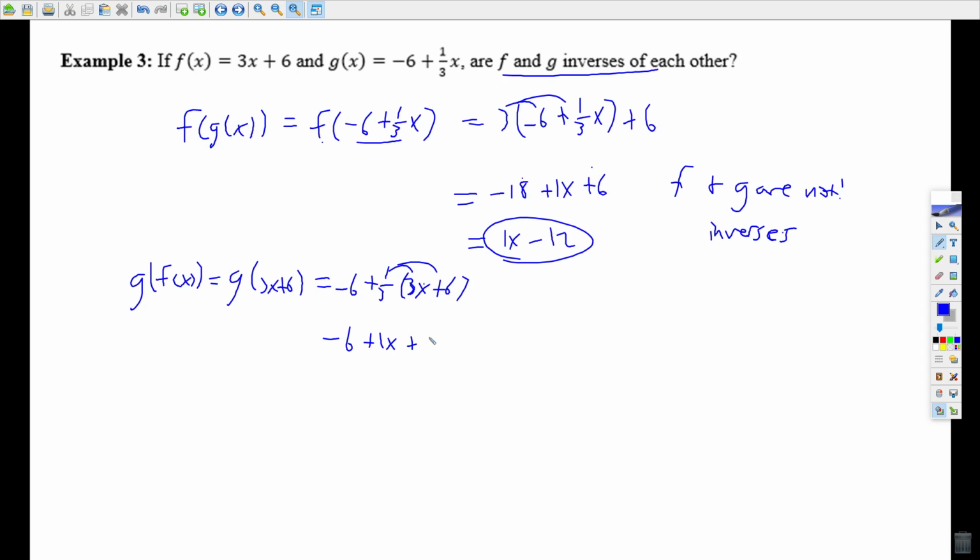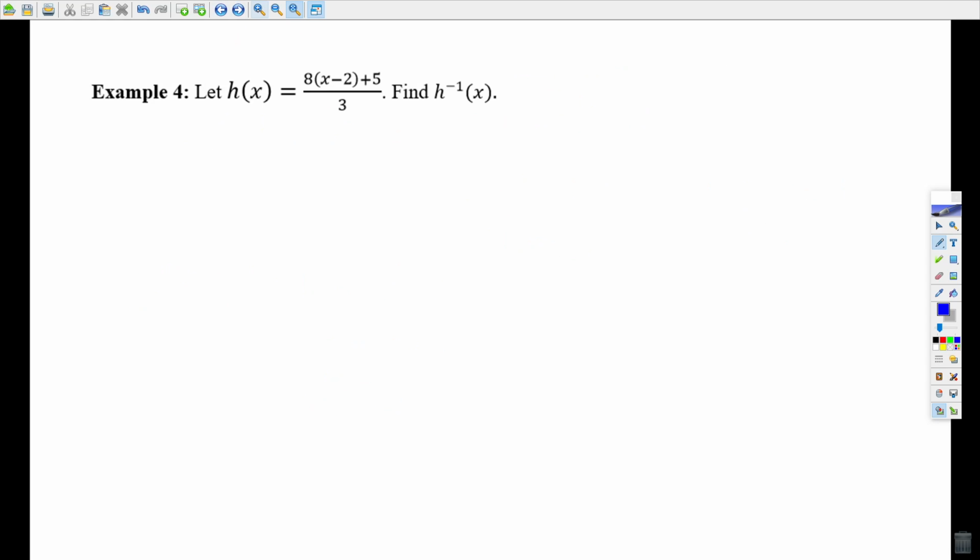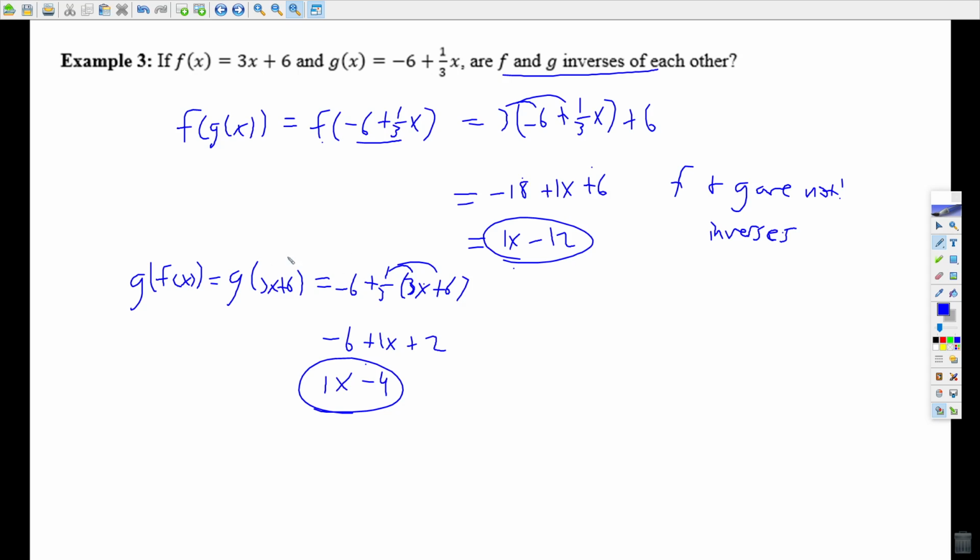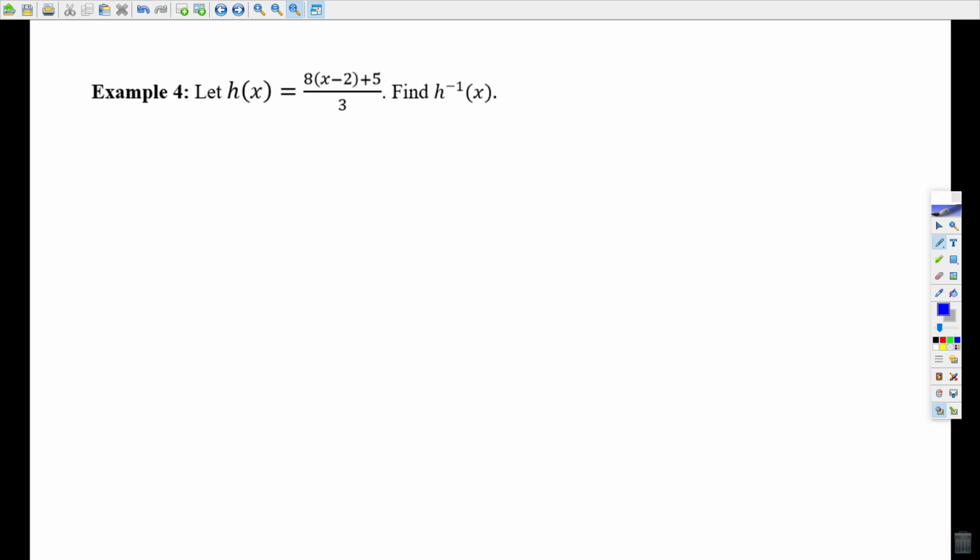Looks like we're going to get 1x minus 4. So they're definitely not inverses. They'd have to both come out to be just x. So these are definitely not inverses of each other. But you don't have to do both of these. Just the first one's fine. If you do this and you don't get x, either you did something wrong, or you actually figure it out and can say they're not inverses.